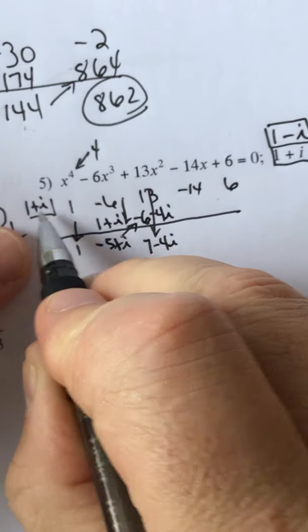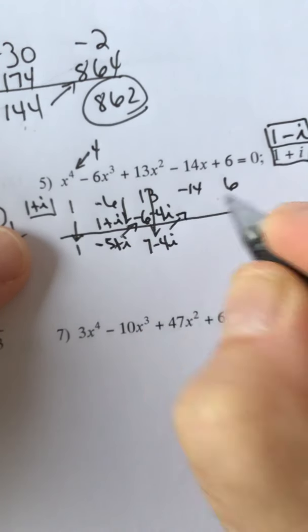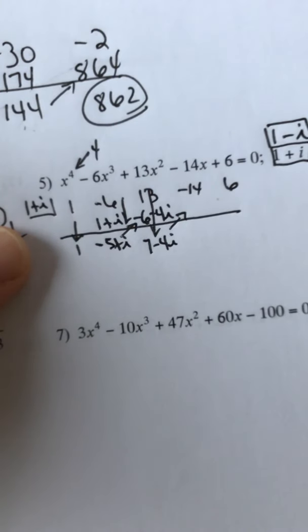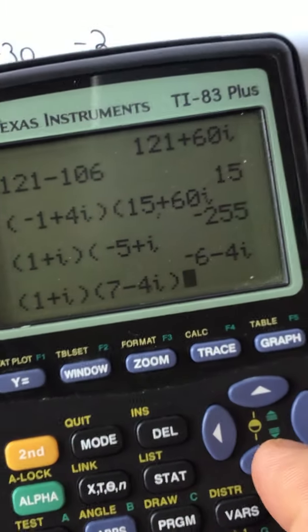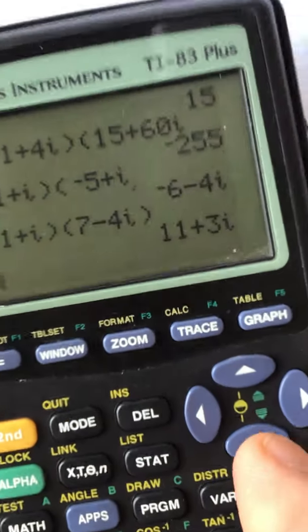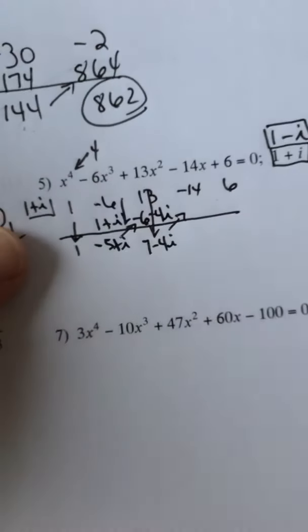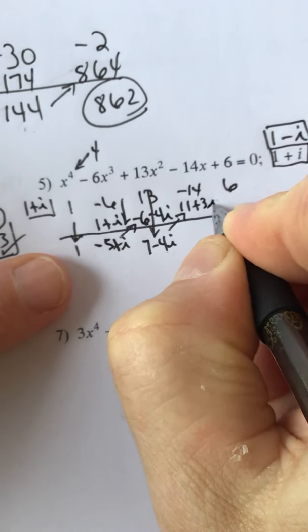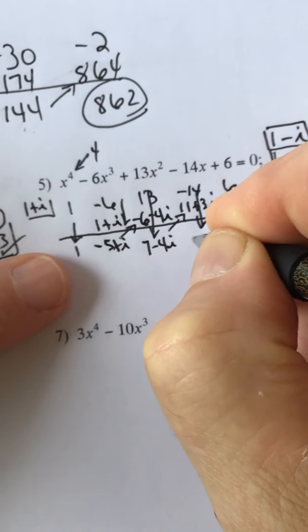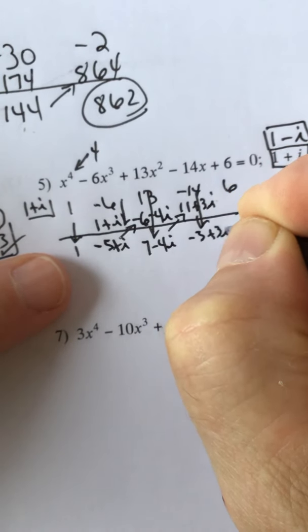Okay, got to take this one times this one and put that up there. So again, I'll do that on my calculator. It's going to be 1 plus i times 7 minus 4i. I typed that in my calculator: 1 plus i times 7 minus 4i is 11 plus 3i. Okay, add that down. It's -3 plus 3i.